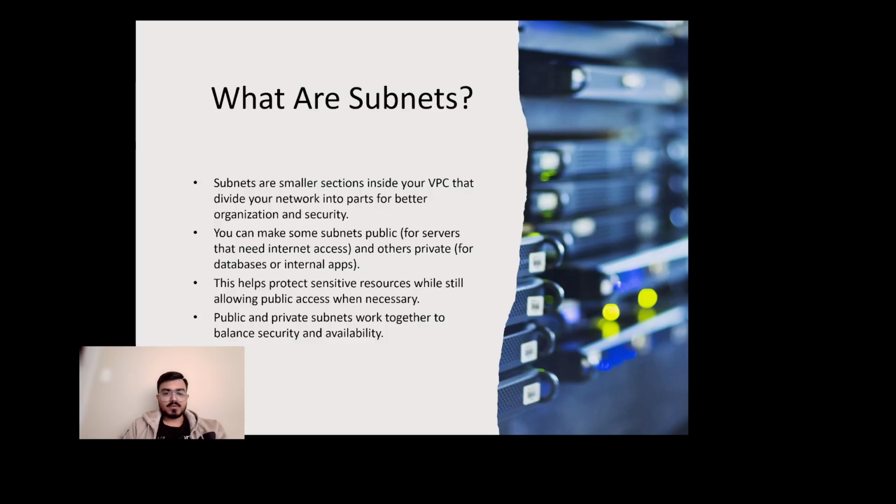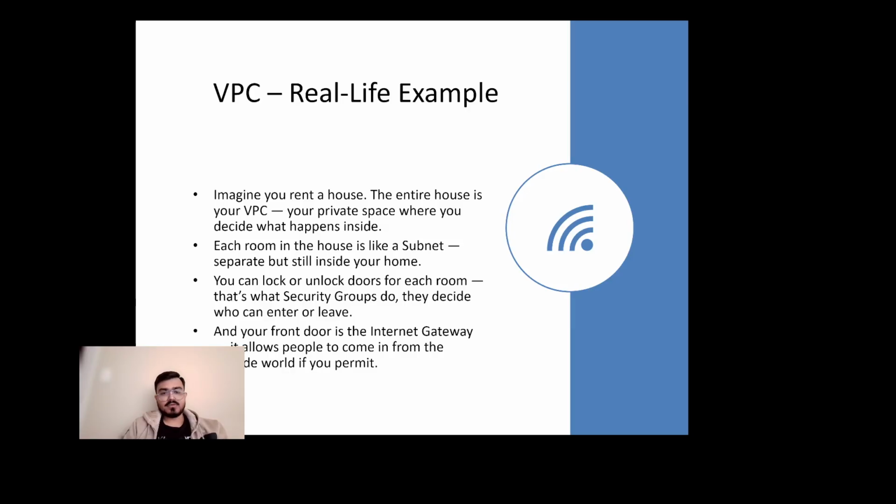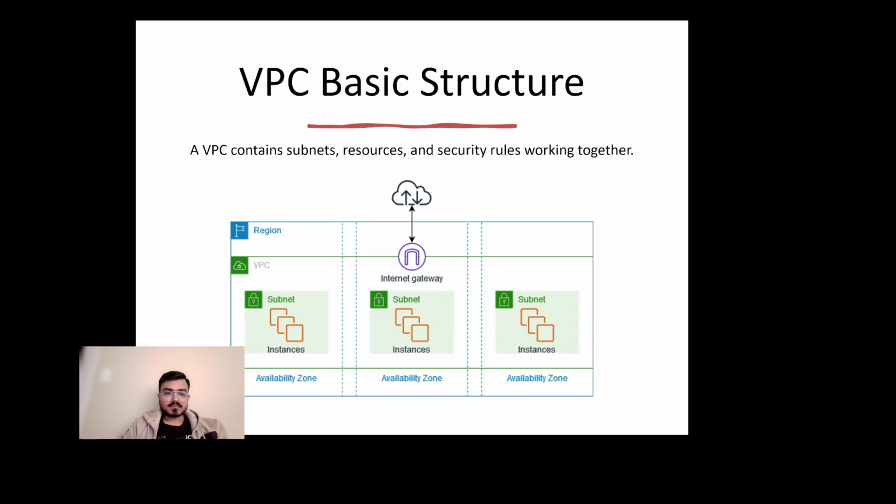Okay, let's see some real life analogy with a house example. Here's another fun example. Think of VPC as your house, subnets as the rooms inside your house, and security groups as your door locks. Each room or subnet has a different purpose. Maybe your living room is open for guests.